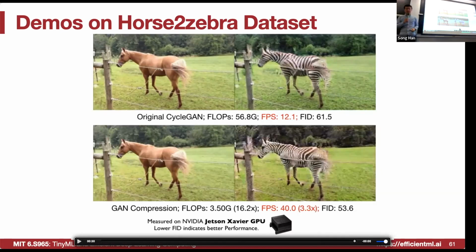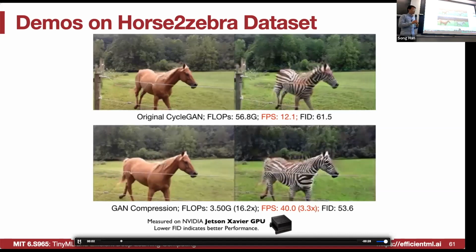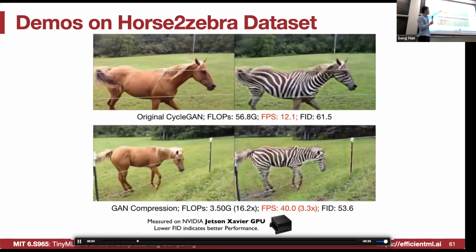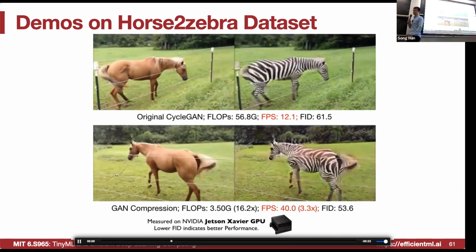The FID is larger than the previous model, and the FLOPs are reduced from 56 GOPs to only 3.5 GOPs. That's a 16 times reduction, much faster. With better kernel optimization, we believe there's a lot more room for optimization. So let's see it again: from slow to fast, and the quality is well maintained.